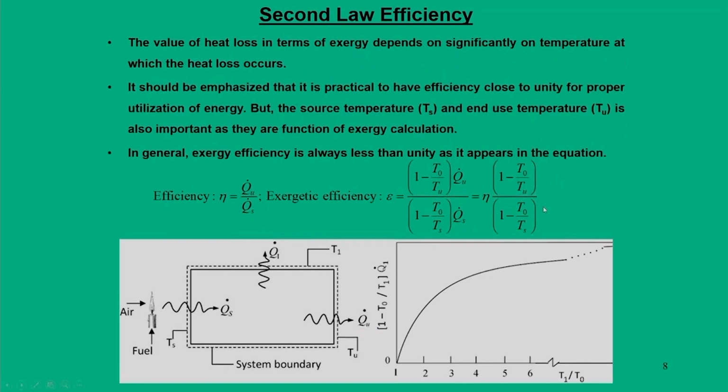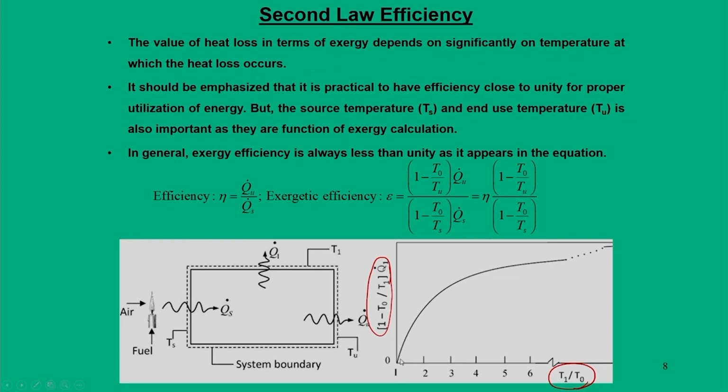Now, if you look closely at these expressions, some more information we can gain, that is, if you try to plot the T1 by T0 as a function of the corresponding exergy, what it says is that the heat loss in terms of exergy depends significantly on the temperature at which heat loss occurs.